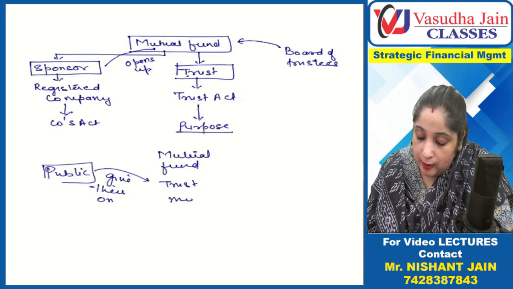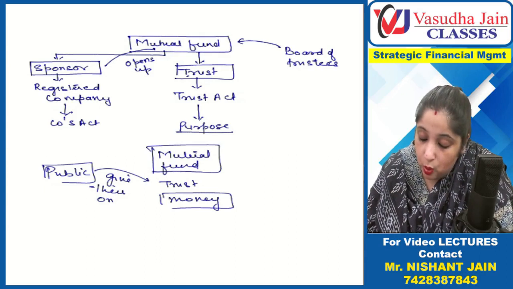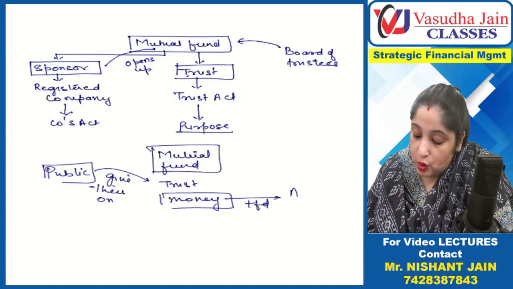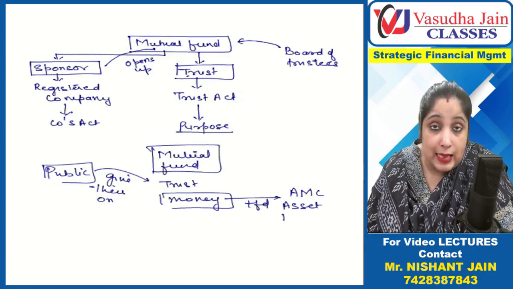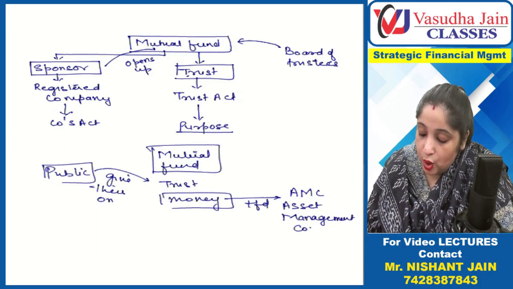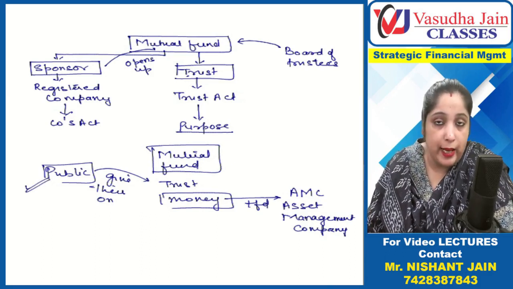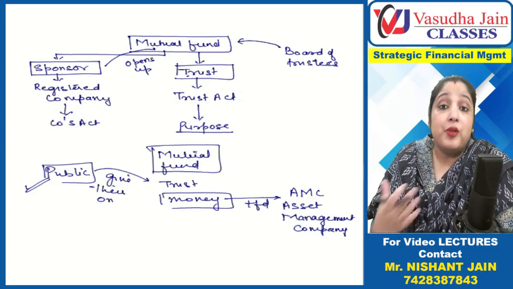Then this money is not utilized by mutual fund. No, this money is transferred to a special organization which is called AMC. Now what is AMC? AMC is Asset Management Company. So what happens is that mutual fund collects money from public, and public gives their hard earned money on trust.